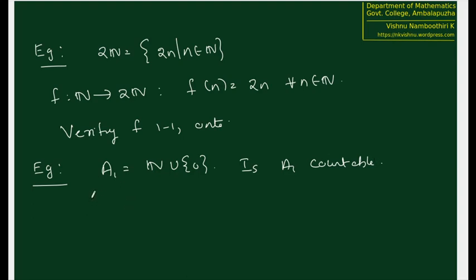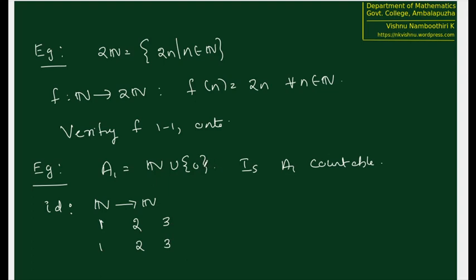So one possibility is this. We have N to N, the identity function from N to N defined in this way: 1 to 1, 2 going to 2, 3 going to 3, etc. Now we have 0 as probably the starting element.